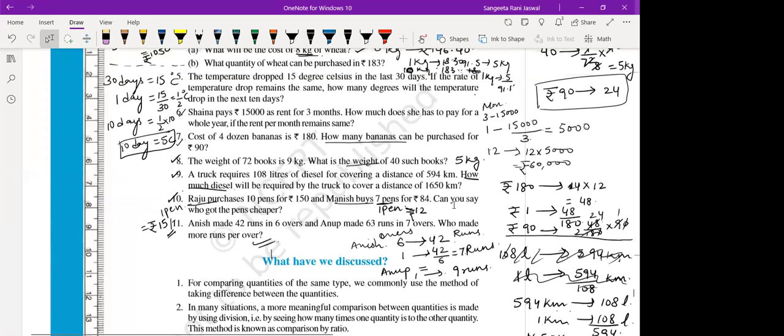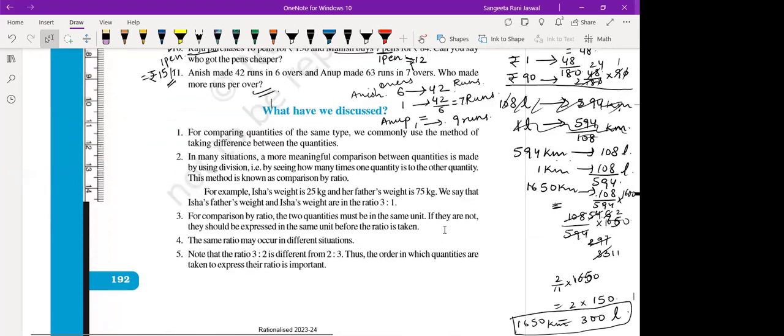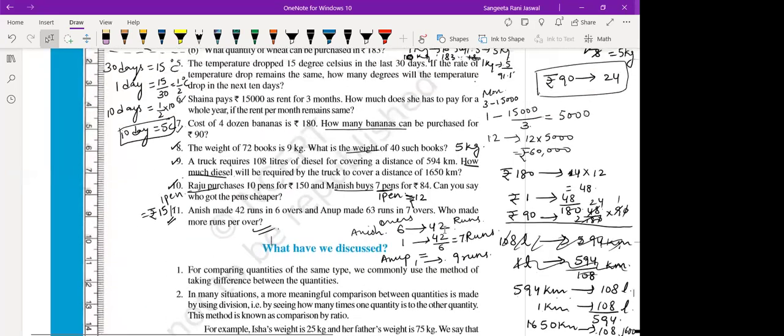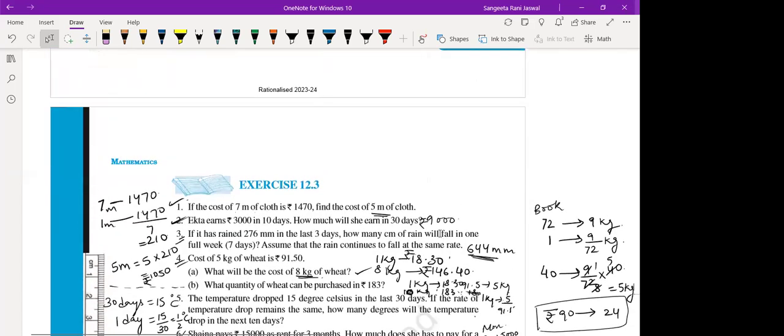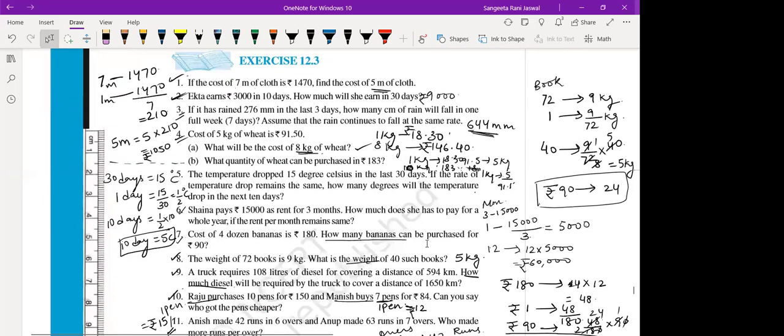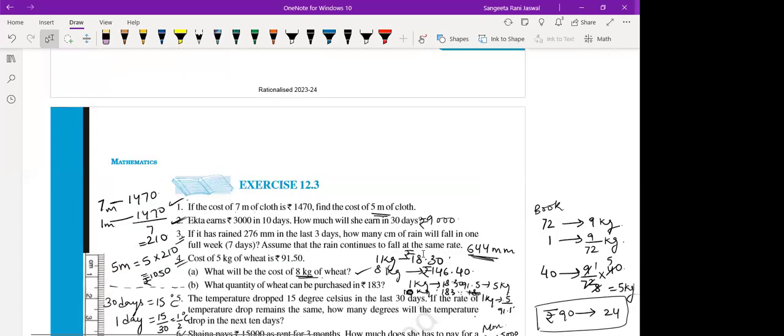Yes, ma'am. So this was your book exercise questions. We'll do more sums, don't worry. And I hope you all have understood what is the unitary method and how we use it. What are proportions? When two ratios are equal, we say that they are in proportion.